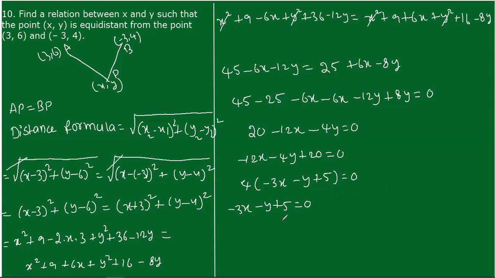Or the same thing you can write by changing signs, 3x plus y minus 5 equal to 0. So this is the required equation, the relation between x and y. Thank you, students.